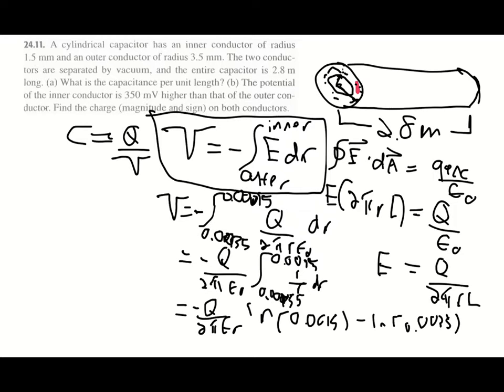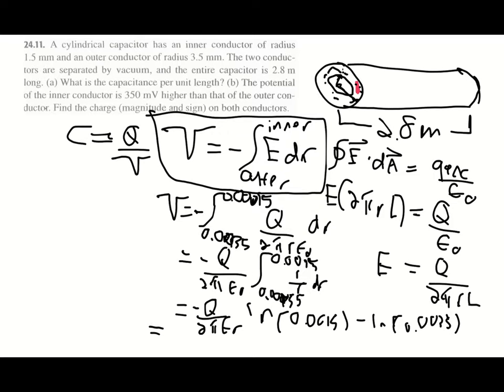Again, we're just going to subtract those. When we do that, you get negative 6.5 for the natural log of 0.0015, and you get negative 5.65 for 0.0035. When you combine it all together, you end up with this expression.